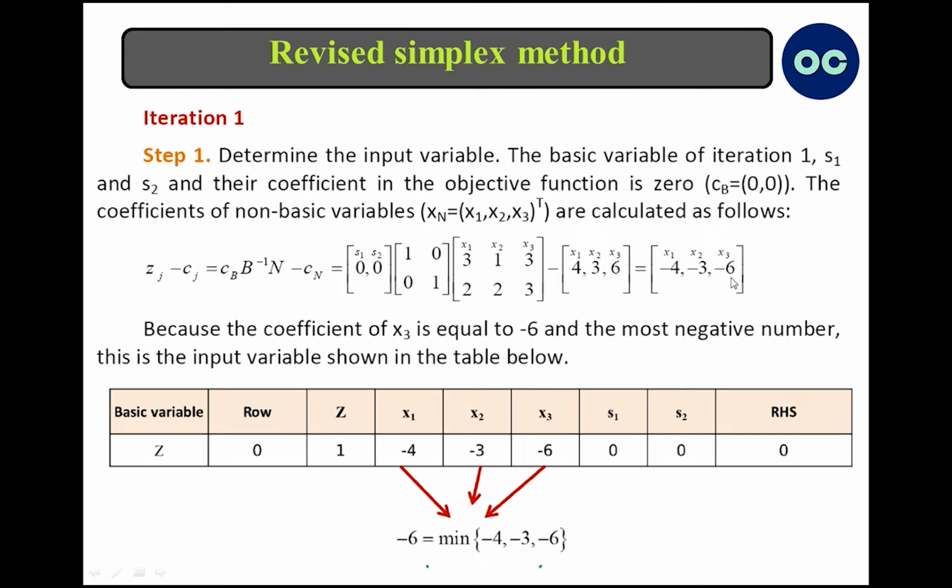Because the coefficient of x3 is -6, which is the most negative value, x3 is chosen as the input variable, as shown in the table below.